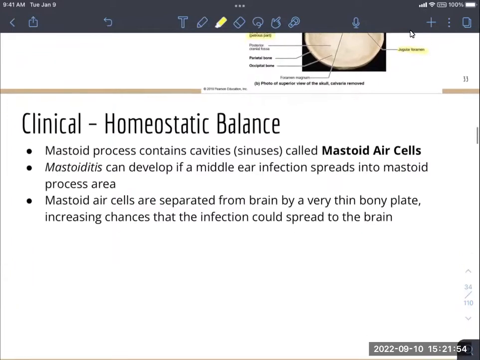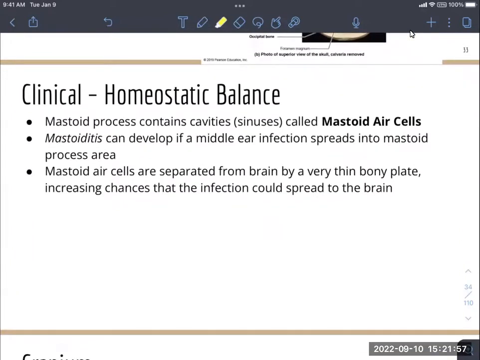So that mastoid process is actually kind of like spongy bone, but in a way it's not, because it has more air cells in it. They're called mastoid air cells or sinuses. Those sinuses are what helps make the skull lighter. But those mastoid air cells can get infected, and that can be called mastoiditis.